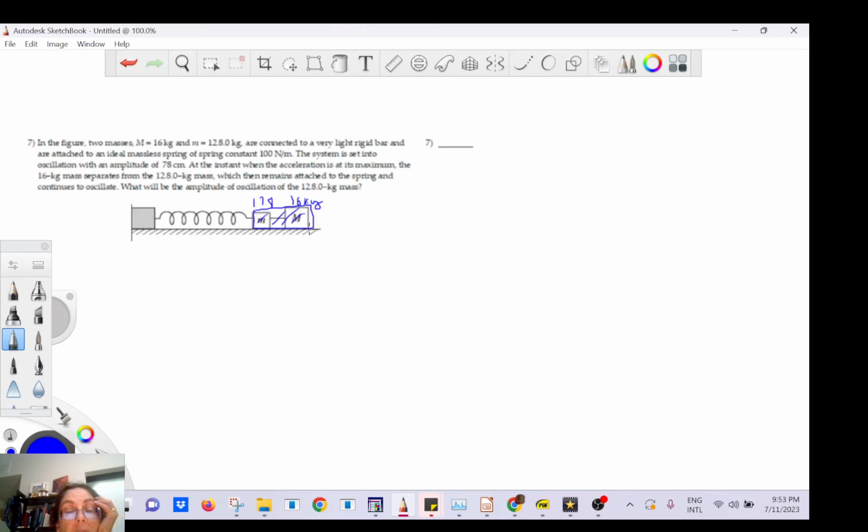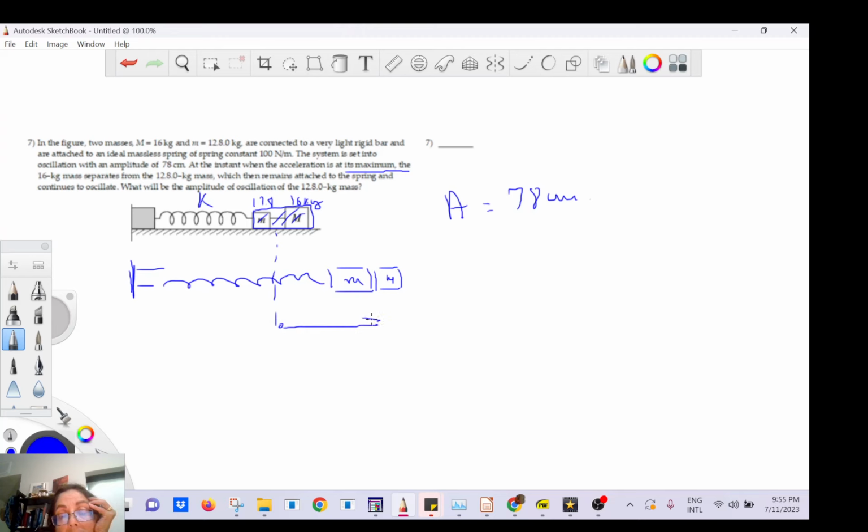At the instant when the acceleration is at its maximum, that mass splits apart, and this one stays attached to the spring. What will be the amplitude of the oscillation? But if you read carefully, you see that it splits apart when, so that was the equilibrium here, when it's at maximum acceleration.